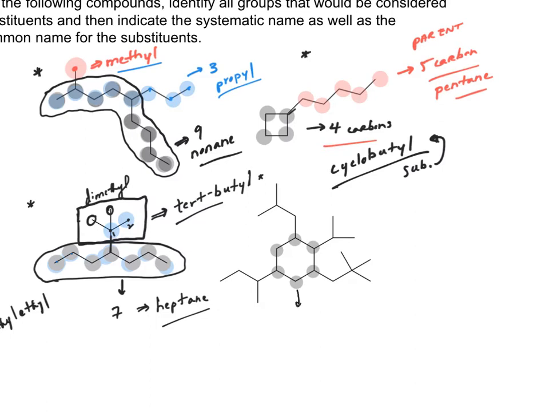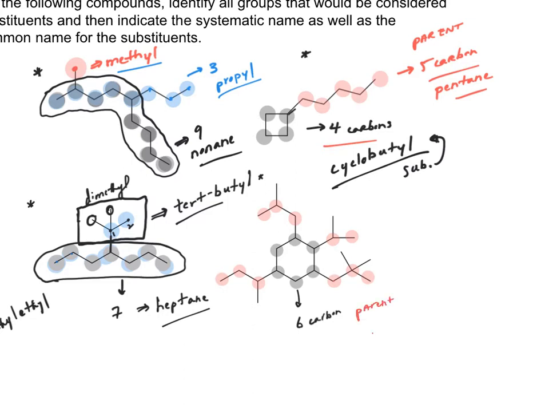So it's 6 carbons. If I look for anything that's longer than that on these branches, so if I go, okay, we've got 1, 2, 3, no. We've got 1, 2, no. We've got 1, 2, 3, no. 1, 2, 3, no. All right, so nothing's ever going to be longer than that 6-carbon chain. So that 6-carbon chain is going to be our parent.